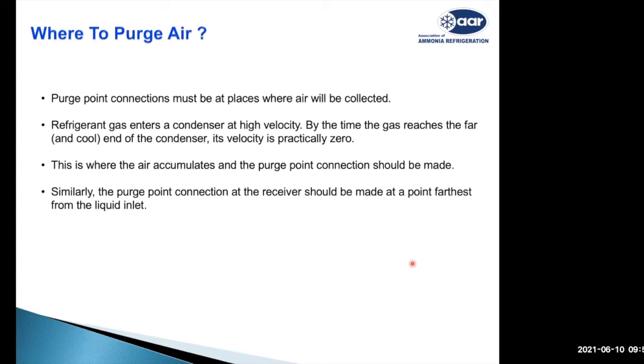So the velocity of refrigerant gas is almost zero at the end of the condenser, whereas the air remains at the same velocity. So if you consider the end of the condenser, that is the point where you will have maximum air and very little refrigerant, or very little ammonia.